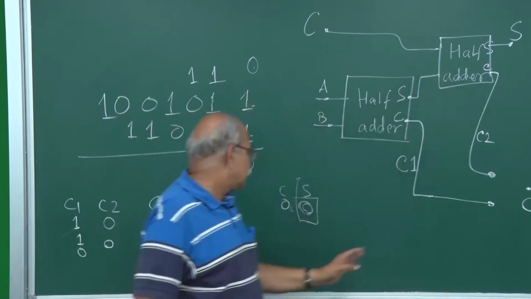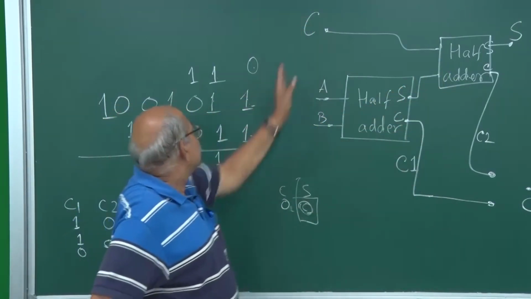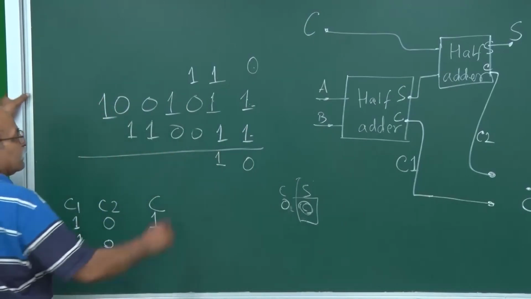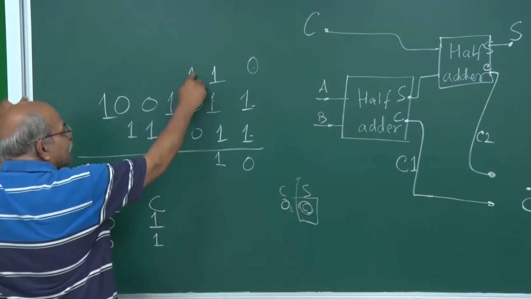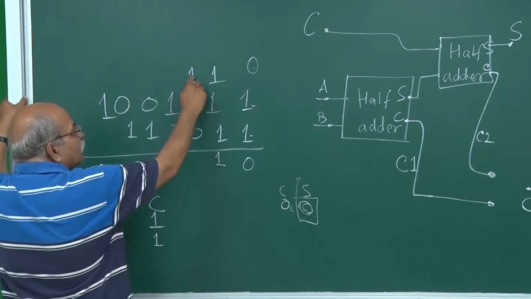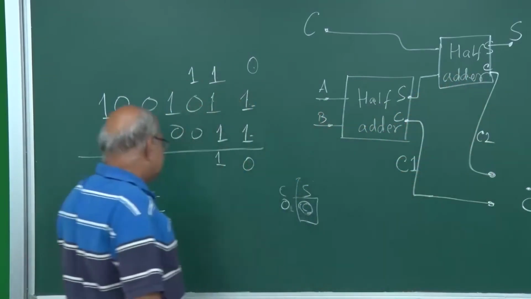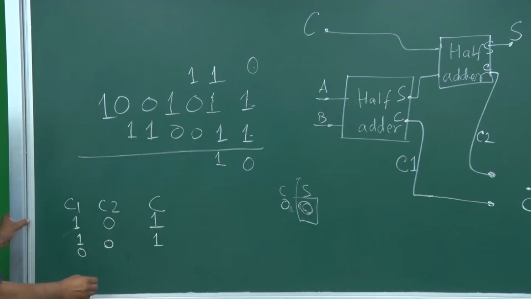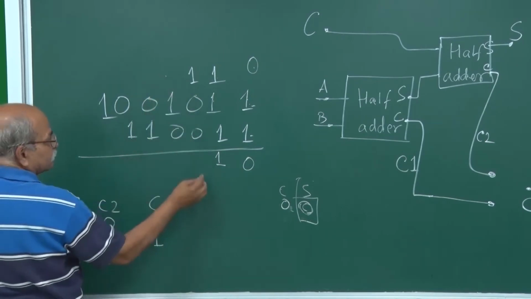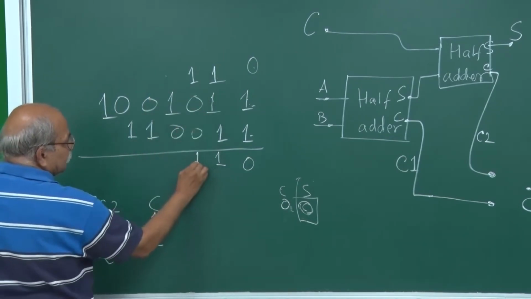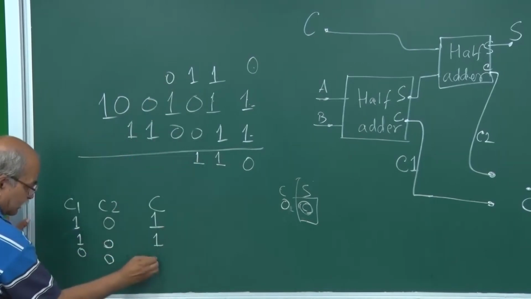The sum is 0 and the original carry is 1. 0 and 1, the carry will be 0. So this will be 0. And what is the final carry? This will give you 1 and 0 carry, so it is 0.